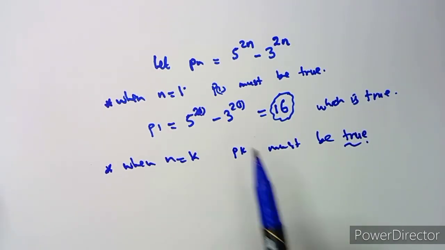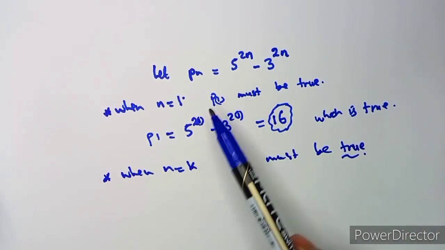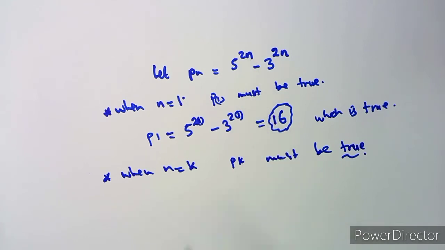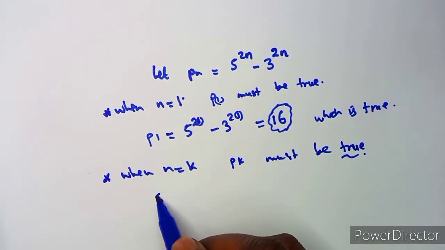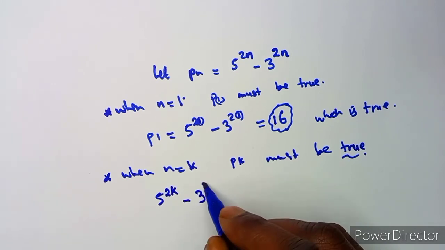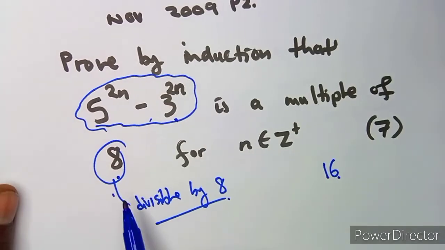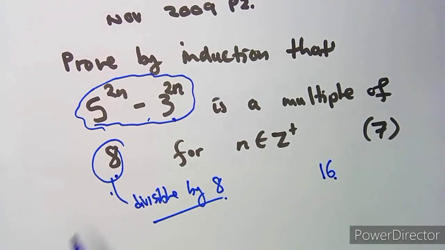We said in place of k, we are going to substitute the statement here. From our n, we substitute k here. So we are going to have 5 to the exponent of 2k minus 3 to the exponent of 2k, which is equivalent to, guys, take note, you are going to take this 8, the one that it is divisible by, and multiply by a constant, let's just say a constant a.